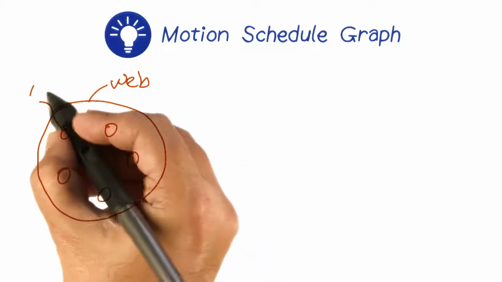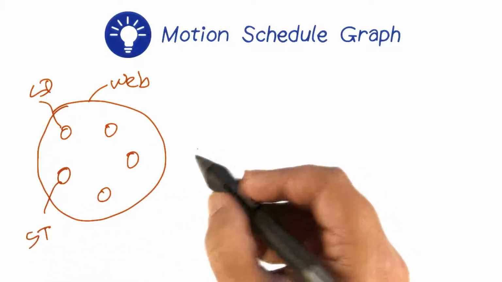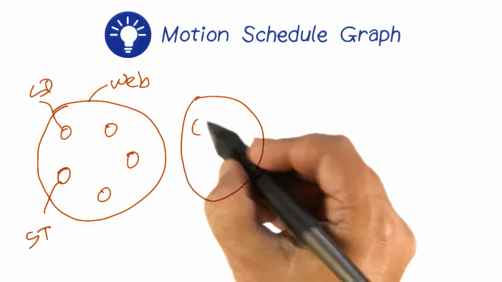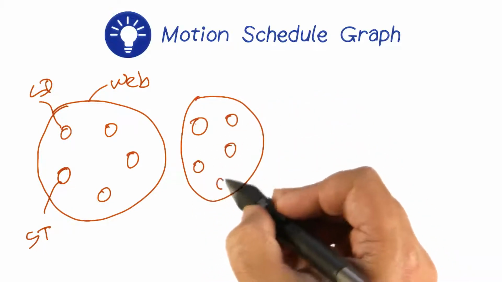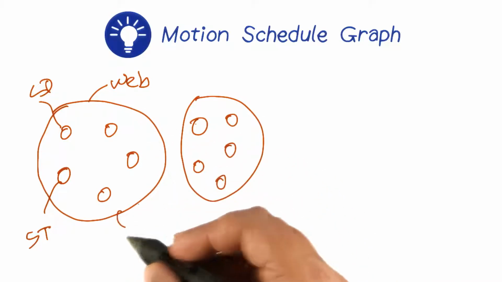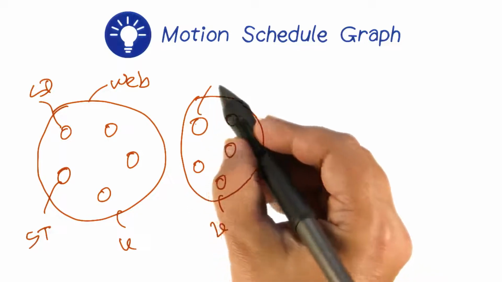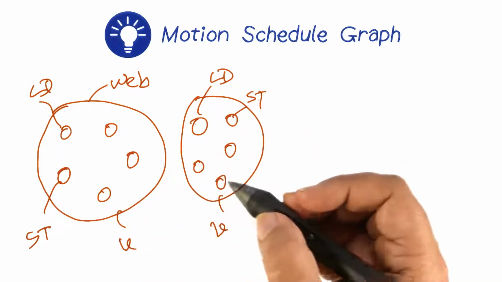So maybe this is a load, this is a store, and so on. And we have one web here, and we have another web here, similarly having its own load stores as shown over here. So let's say this is a variable u, and this is a variable v. And these are load stores for v, and these are load stores for u.